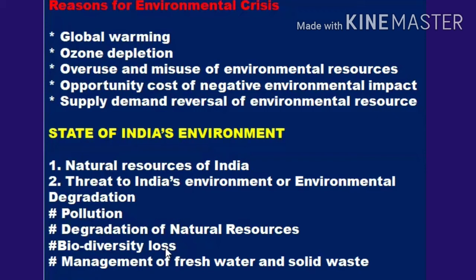So noise pollution means a discomfort and irritation caused by unwanted sound. So degradation of natural resources is a great danger to the productive capacity of economic development of the country. So it is classified into two: deforestation and land degradation.